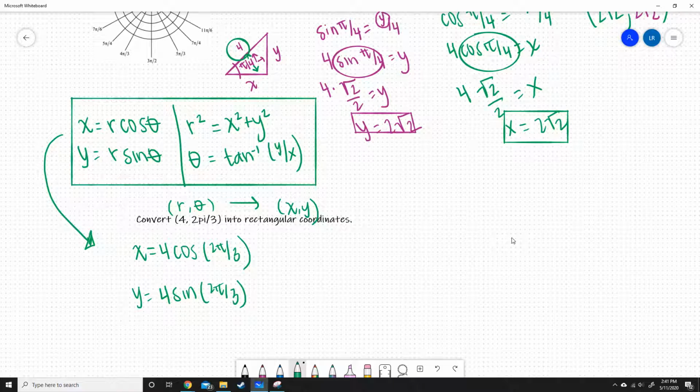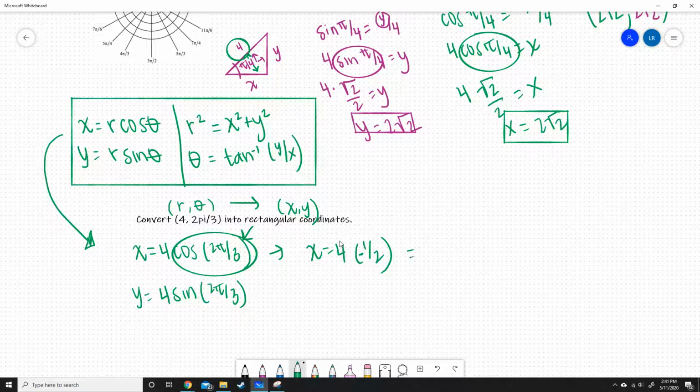So from our unit circle, cosine of 2 pi over 3 is going to be 1/2. So we're going to have x equals 4 times 1/2. So what I did was I replaced this with what I knew was on the unit circle. Now, this is in the second quadrant, and so that 1/2 is actually negative.